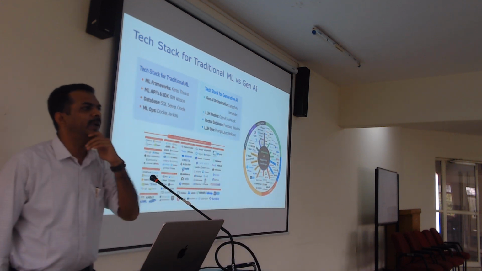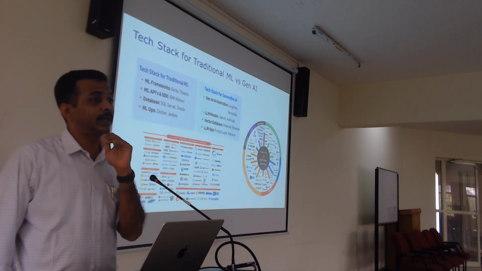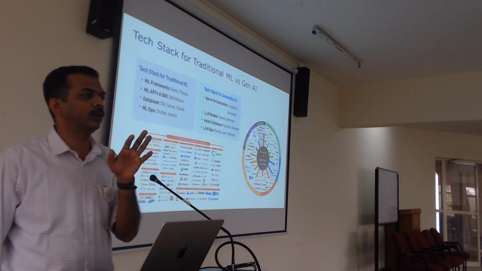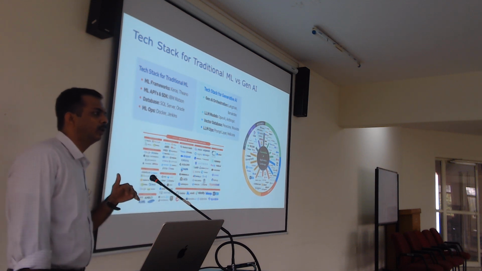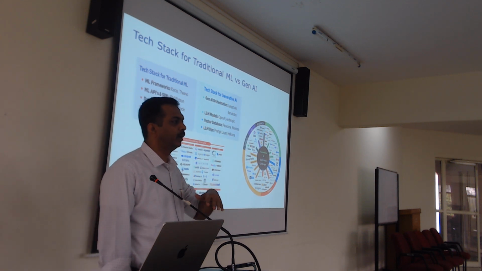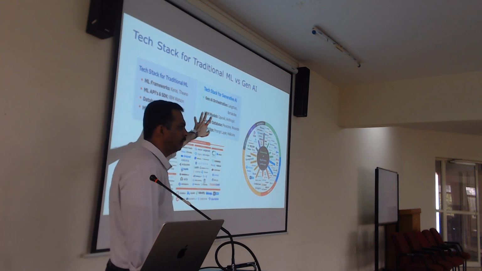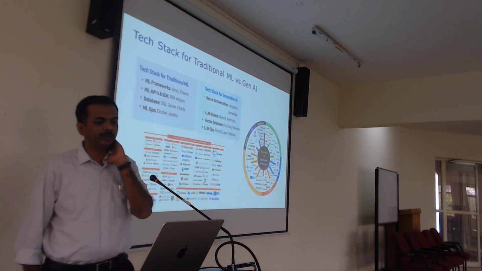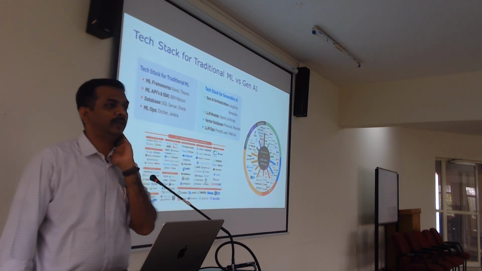So these are the different entities you will find in traditional ML as well as GenAI. You have a tech stack in traditional ML, and you have a tech stack in GenAI, with some tools or solutions in each. This is the comparison of traditional ML and GenAI.